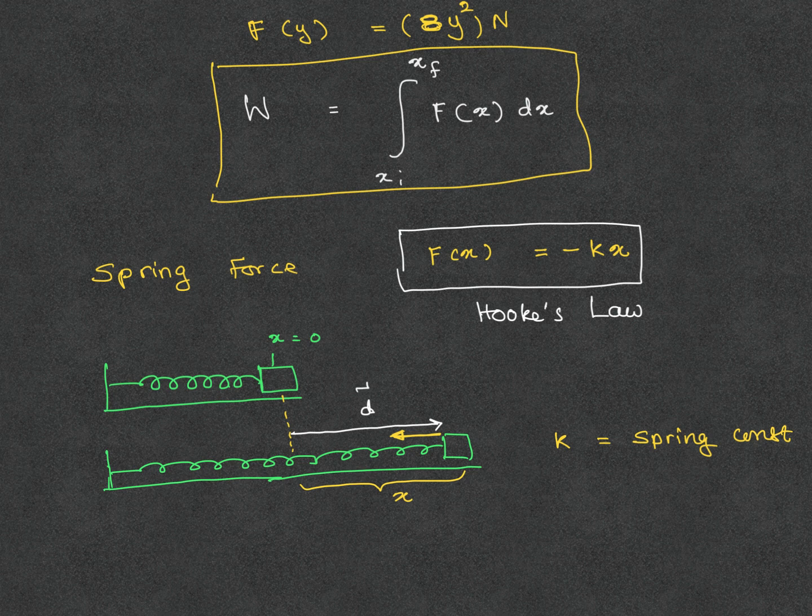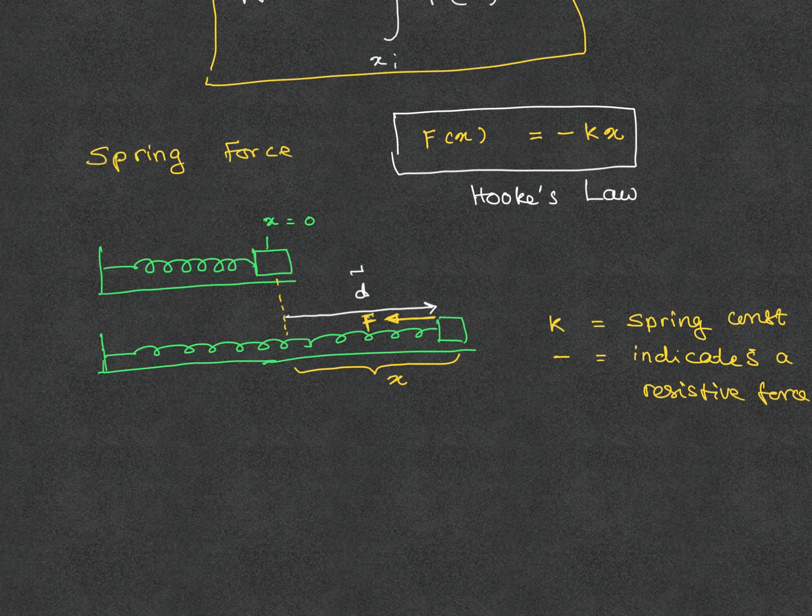Whenever you are moving leftward, there is a force in the rightward direction. When you are moving in the rightward direction, there is a force in the leftward direction. So the negative sign indicates a resistive force. That's basically the idea of Hooke's law.